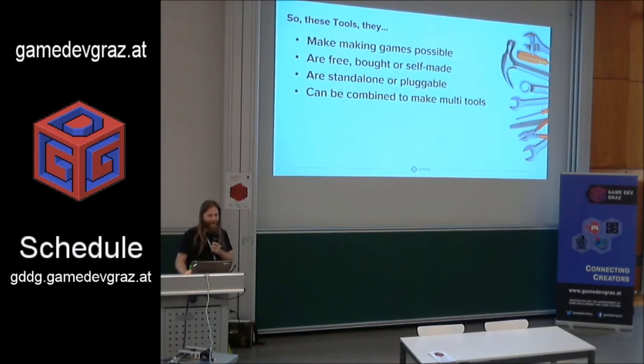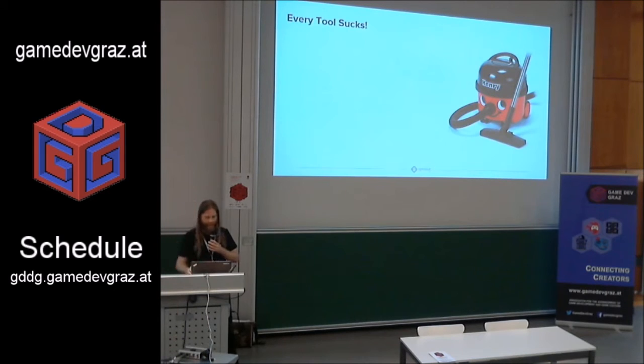Unreal Engine is actually a huge conglomerate of various tools, and those tools have varying degrees of suckage. So maybe the UV layout editor is awesome, but the script editor is not so awesome. So we can boil it down: tools come in all shapes and forms, but every tool sucks, especially this one. But here it's by design.